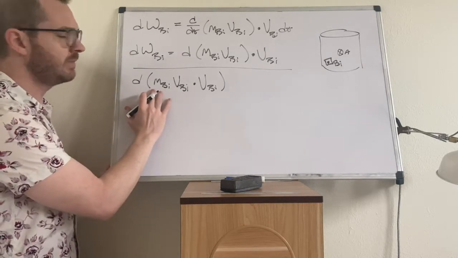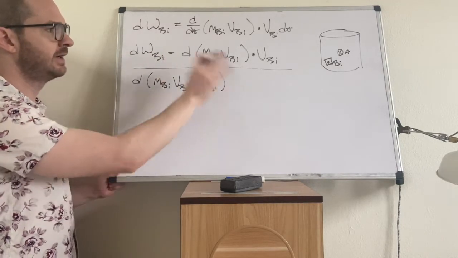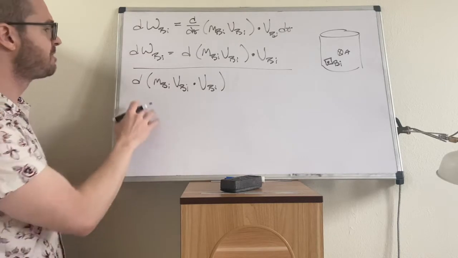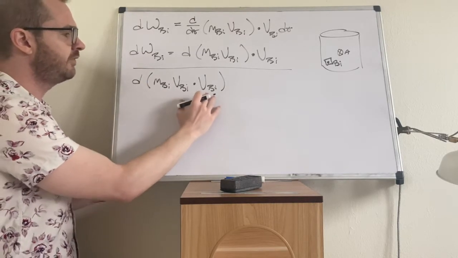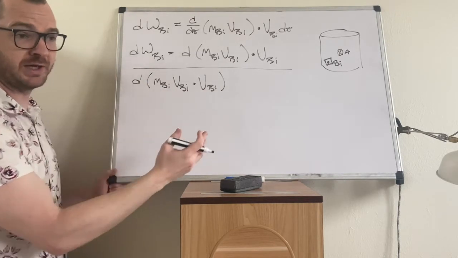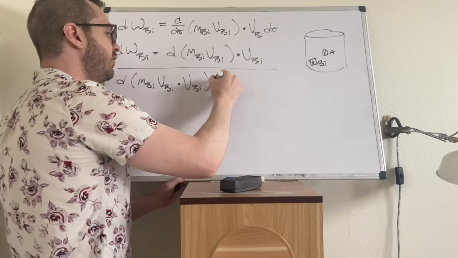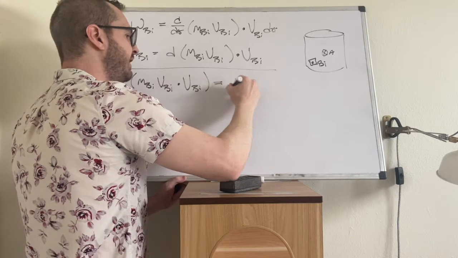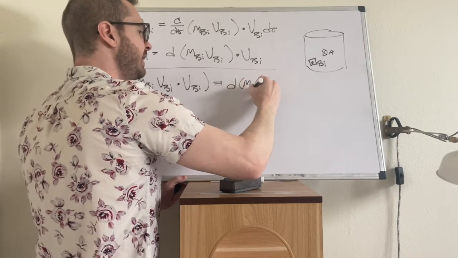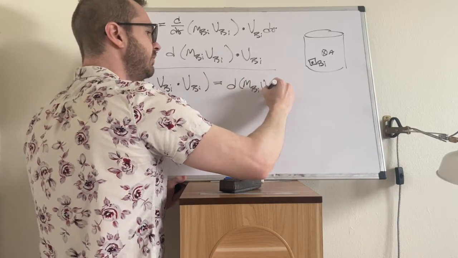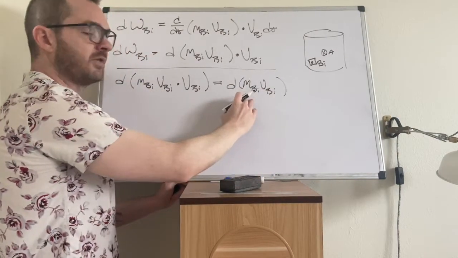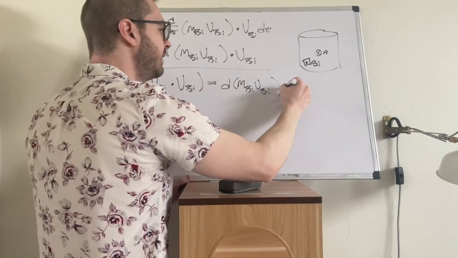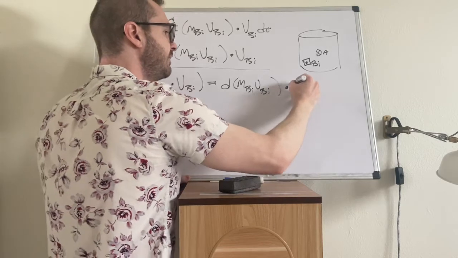We're going to treat MBI as a constant. We're not doing any variable mass system here. So MBI is a constant, but the two velocities can both change. So we have the derivative of the first term, so I'm going to say d, and I'm going to put the MBI in this one. Now again, the MBI is a constant. We could pull it out if we needed to. I'm going to write it this way just for convenience.